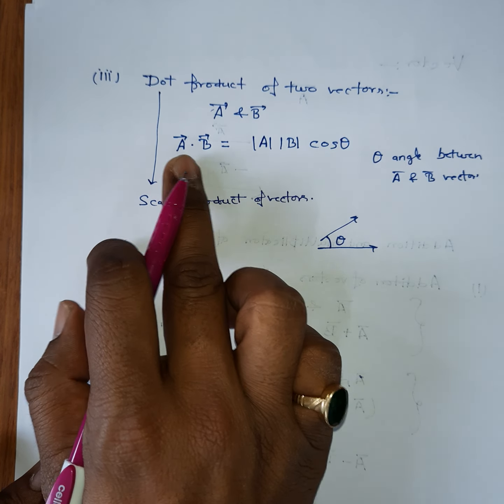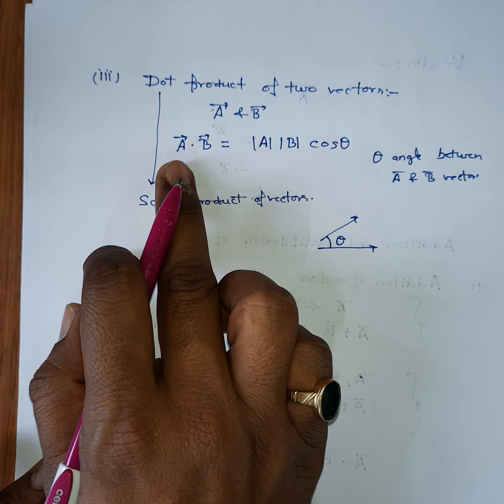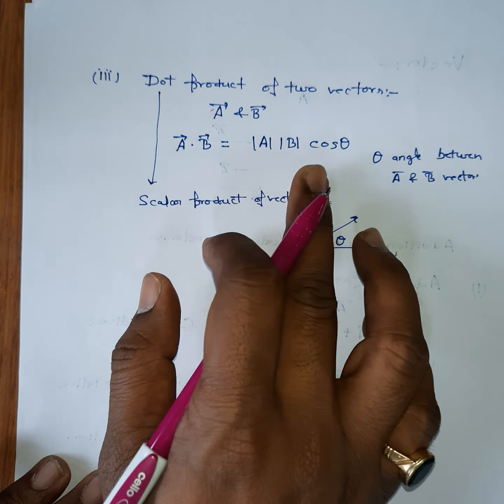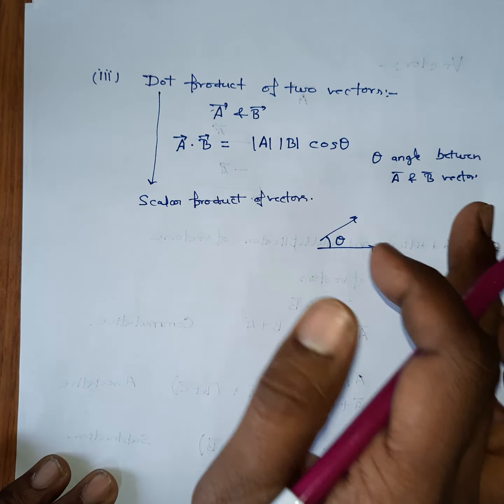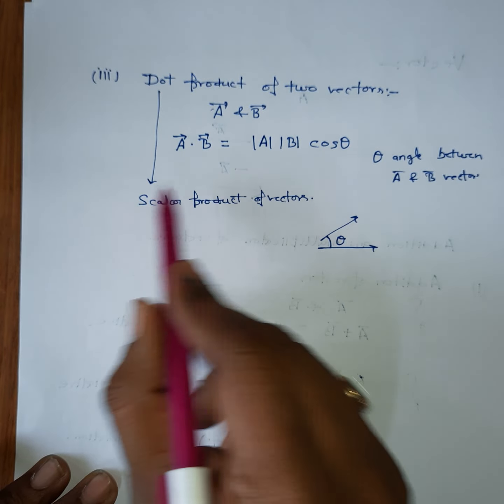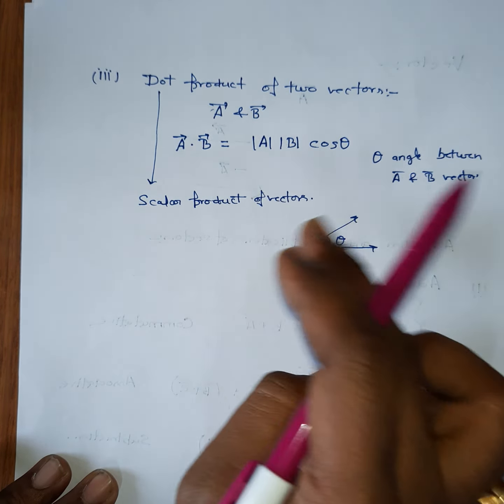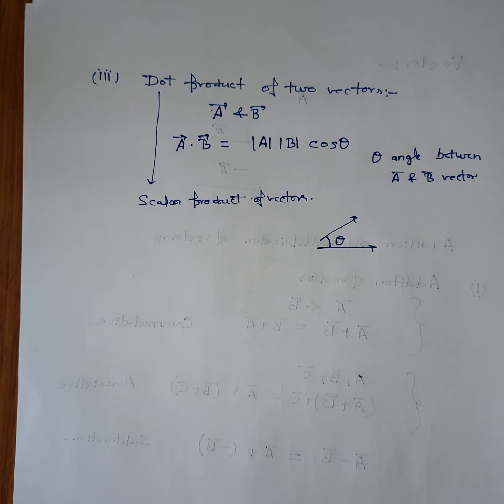Why? Because when you are taking the dot product of two vectors, it is giving a scalar quantity. So this type of multiplication of vectors is known as dot product or scalar product of vectors.